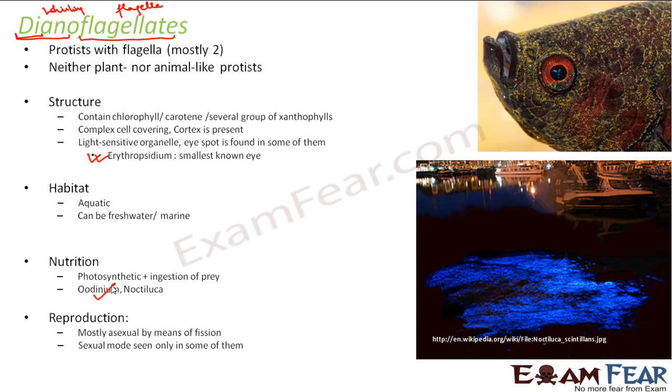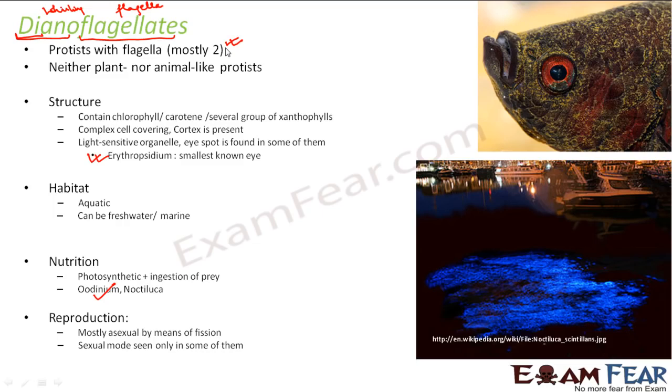So when you talk about Dinoflagellates, another thing which I missed to tell is, as I told in the very first point, that mostly they have two flagella. These two flagella are not exactly similar to each other. The two flagella are dissimilar. They are ribbon-like structures. So one is a transverse flagellum with wavy ribbon, and the other one is a longitudinal flagellum.